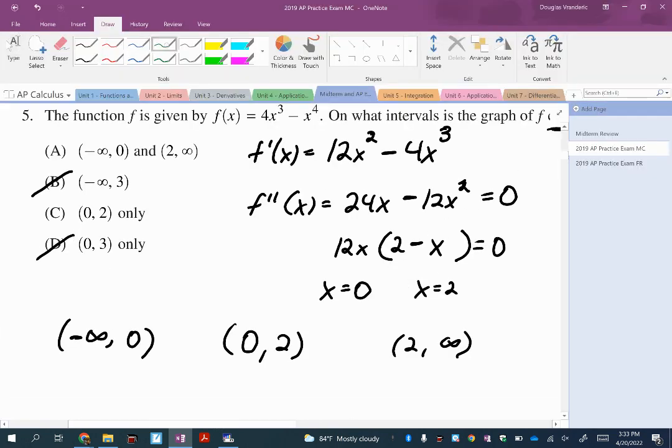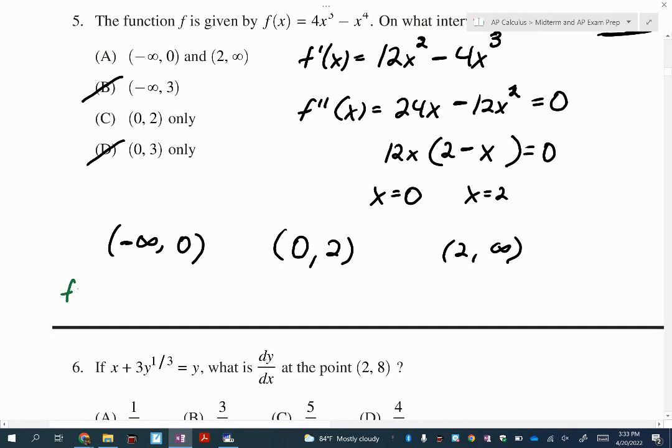I'm going to change colors here. So I'm going to write down f double prime of -1. So I'm plugging this in to the second derivative. And guys, what I would highly recommend doing is you've already done this work, so just use your factors, right? That is your second derivative factored. So what happens when you multiply 12 by a negative?